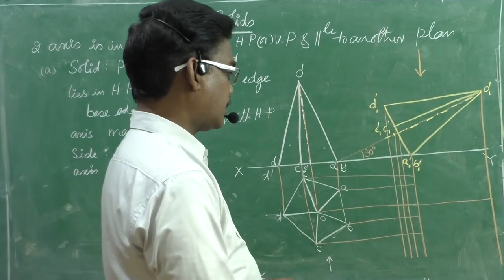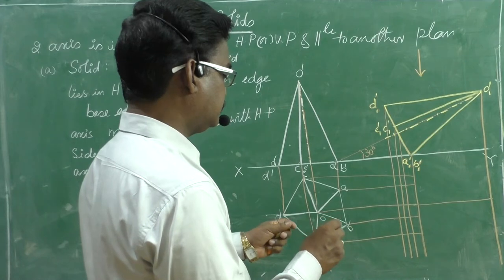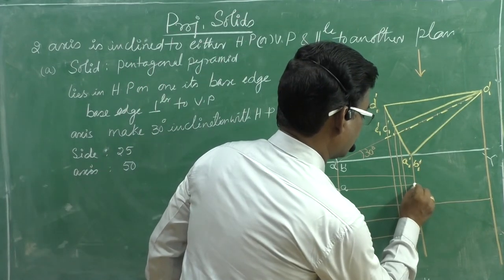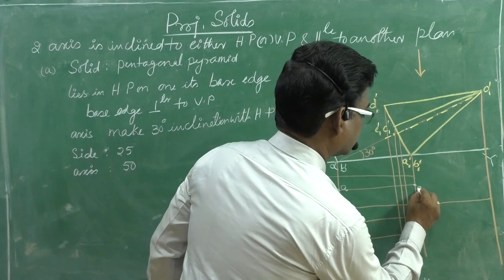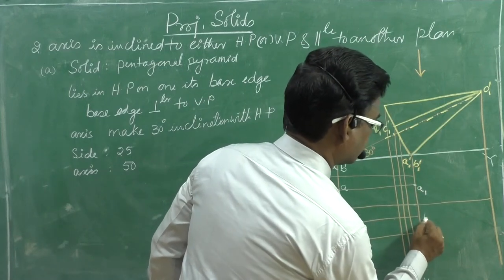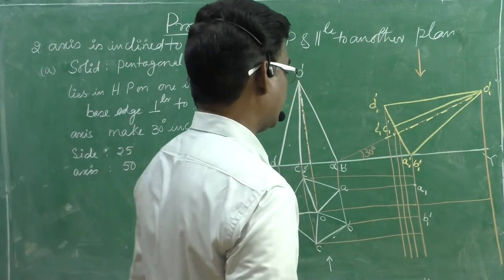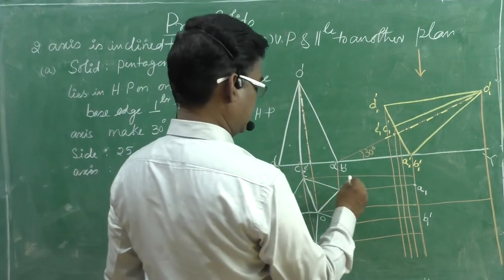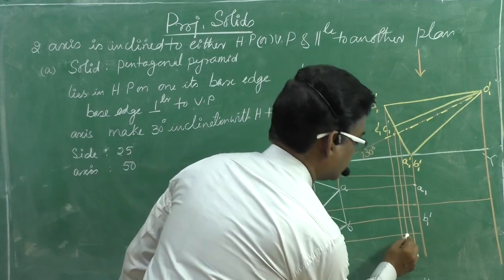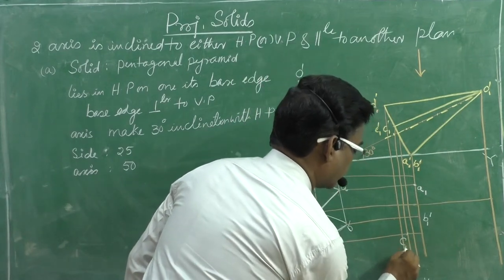Now we need to identify the respective notations. See, this one, A, that means A1, B, therefore this is B1. Next C, this is C1.